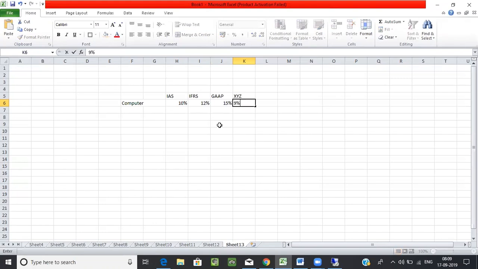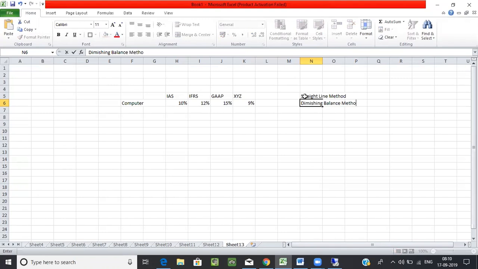There are different rates. Maybe the method is different. We have different methods. Primarily, we can use the fixed installment method, which we also call the straight line method, and the diminishing balance method.